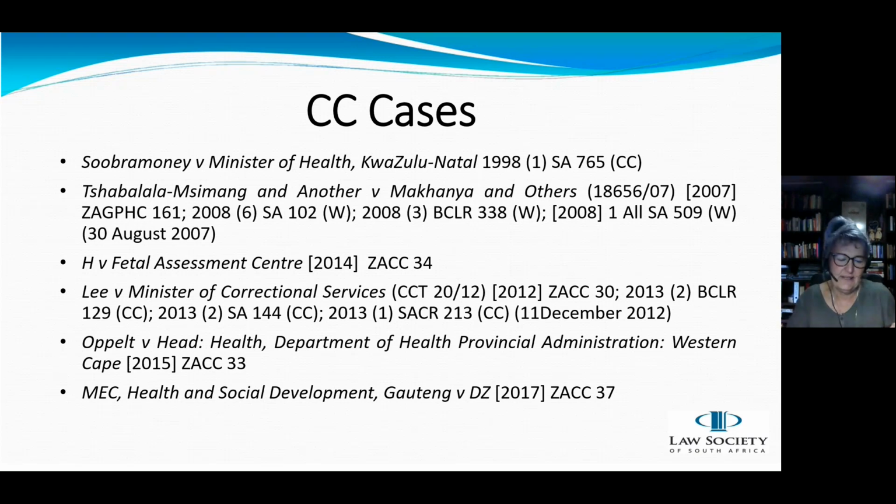So you will claim the upbringing cost for that child, because you shouldn't have fallen pregnant, but you did because the sterilization was not carried out correctly. That is absolutely acceptable in our legal system, and you will see there are cases on that. And then the amount of damages will be the total cost to bring this child up until the age that he or she can look after themselves.